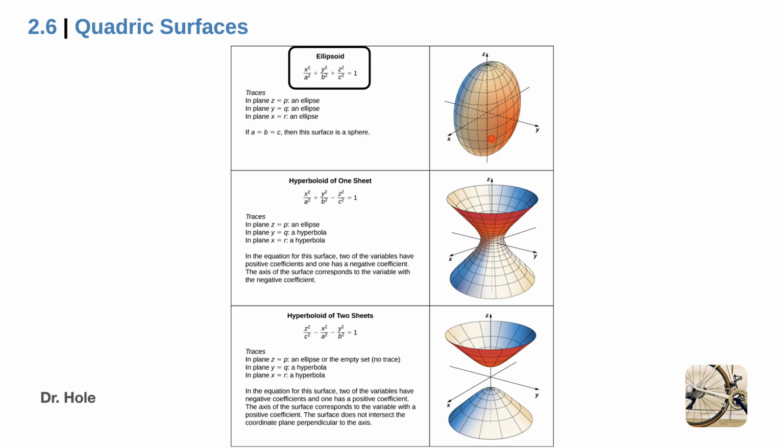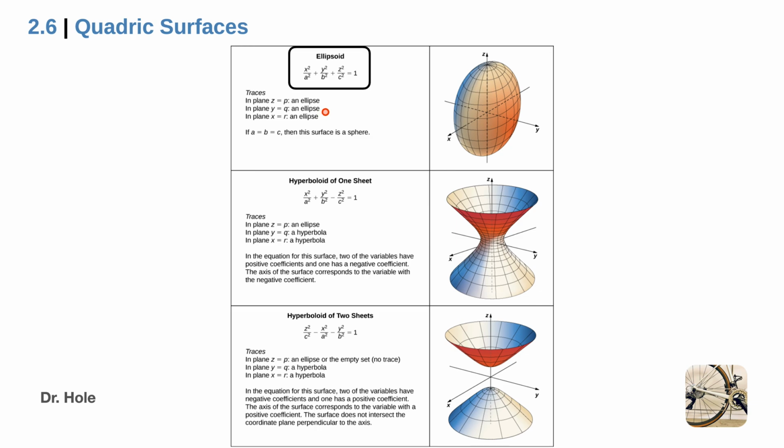Something else to notice is that the 3 surfaces share in the fact that they do not contain the origin. And that can be attributed to the equations being set equal to a non-zero constant, 1.